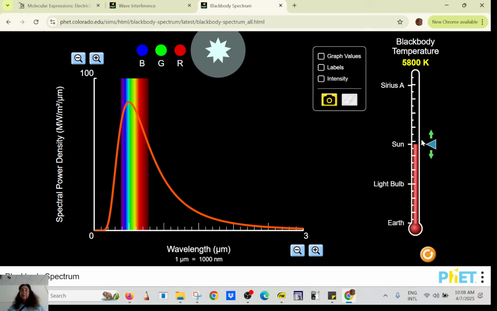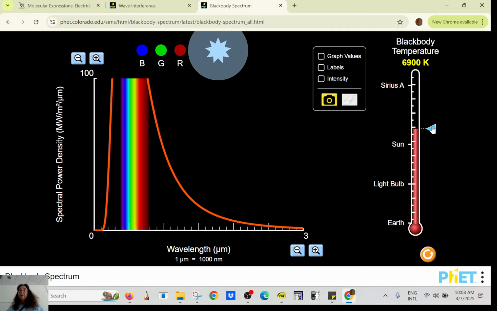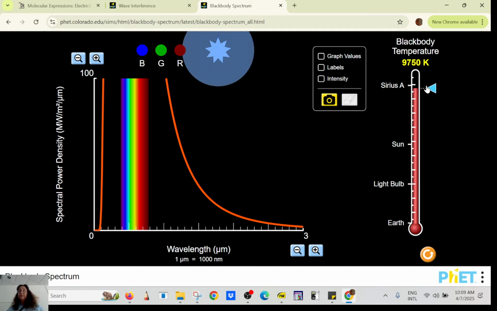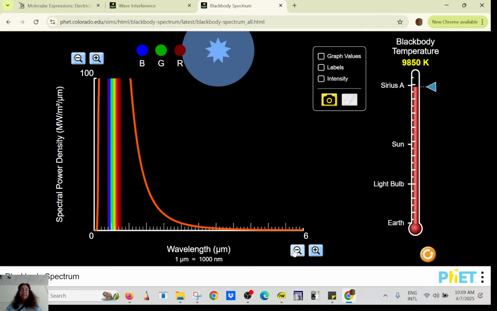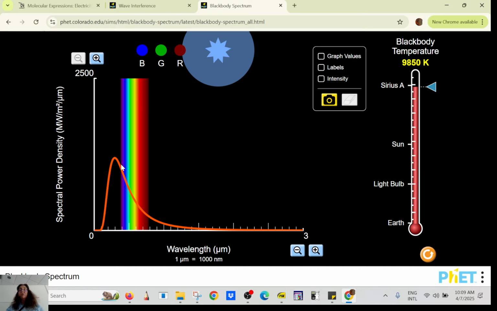Now if you take a very hot star, so if you increase the temperature of the star here, you see Sirius A is a very hot star, 10,000 K. You see it's going to peak in the blue, even in the UV, ultraviolet. So it means it's a very, very massive star and it's a very hot star.